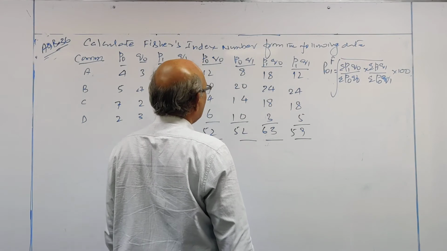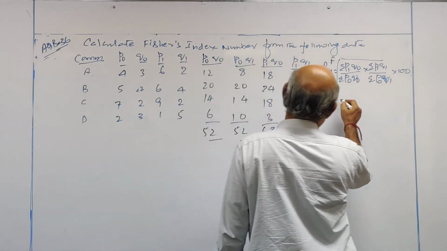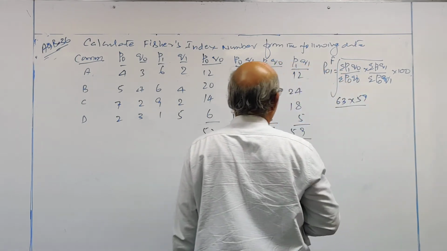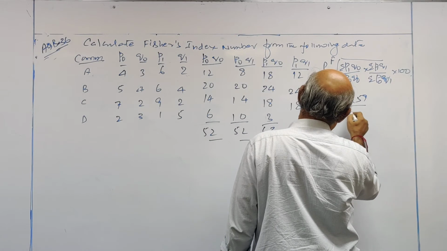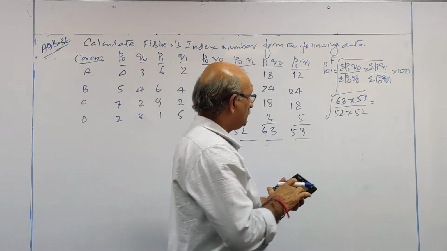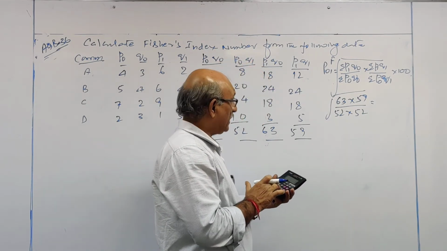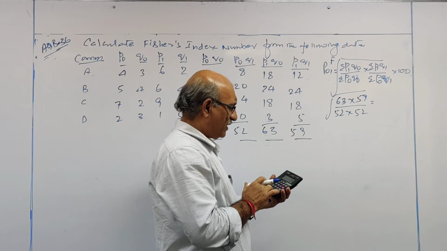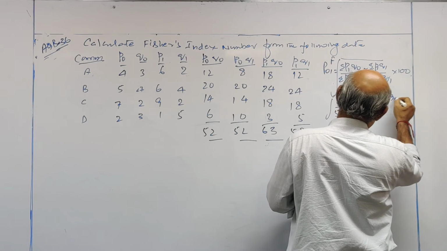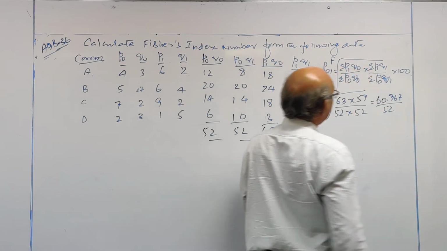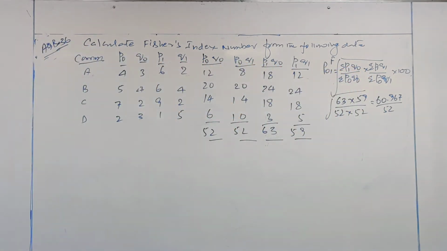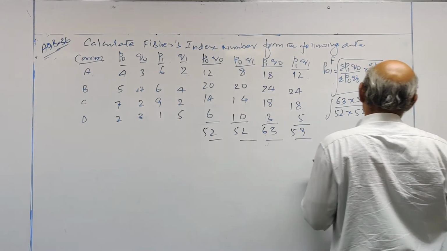When totals are obtained, substitute P1 Q0 63 into P1 Q1 59 divided by P0 Q0 52 into 52 under root. So this is 63 into 59 is equal to 3717 under root, 60.967. 60.967 divided by 52. Wait a minute, it is multiplied with 100.